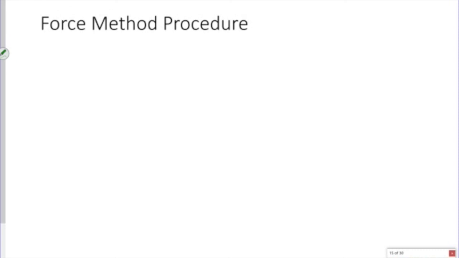Hopefully you've been doing that for a while. We just learned how to find displacements with virtual work or with double integration. And put them together and you can use the force method to solve statically indeterminate beams. So our force method procedure is: first, determine the number of redundant structures required.